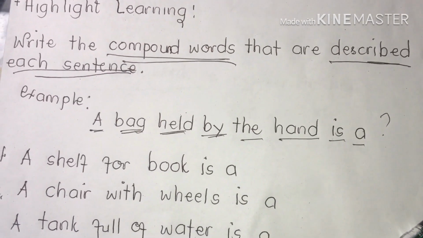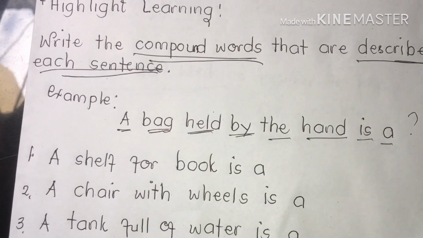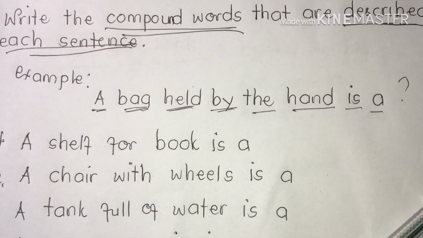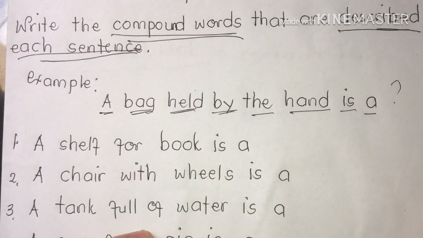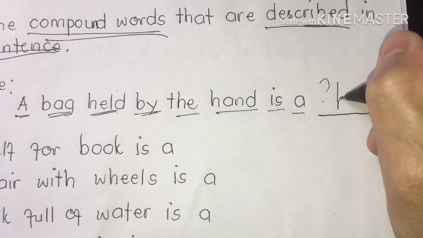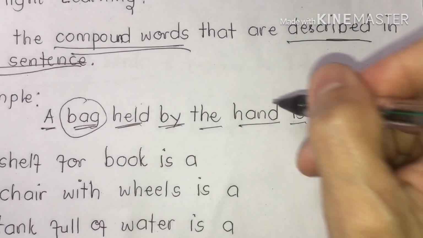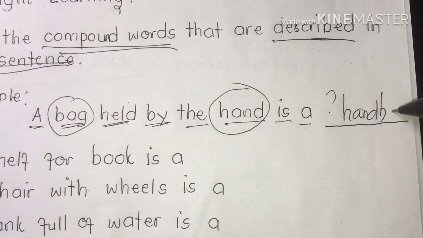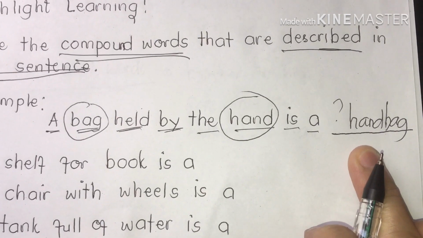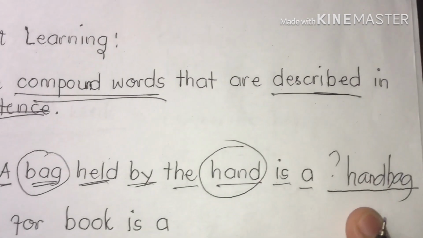That means we're going to identify what compound noun we are going to construct in that particular sentence. A bag held by the hand, I'm going to write hand, then I'm going to connect the word bag. Handbag. We can write one word or two words for these particular compound nouns.